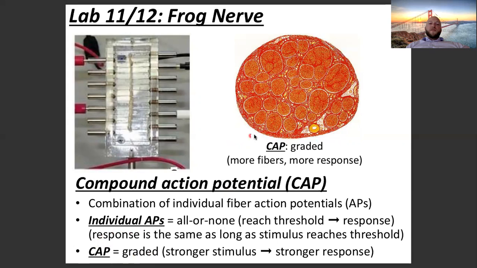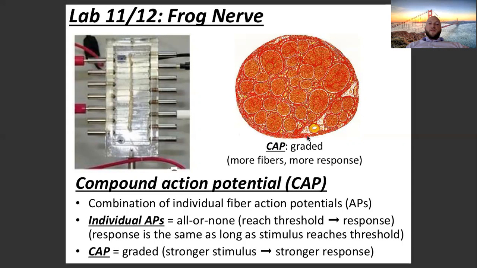As we increase the strength of the stimulus, the strength of the shock that we're delivering to the sciatic nerve, we're going to hit a point where the closest cells to that electrode depolarize to -55, which means they've hit that threshold value, which means they're going to send their action potential. But at the first one, only the axons closest to the electrode are going to send those messages.